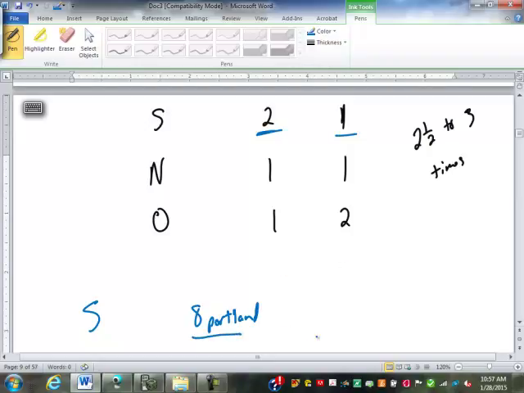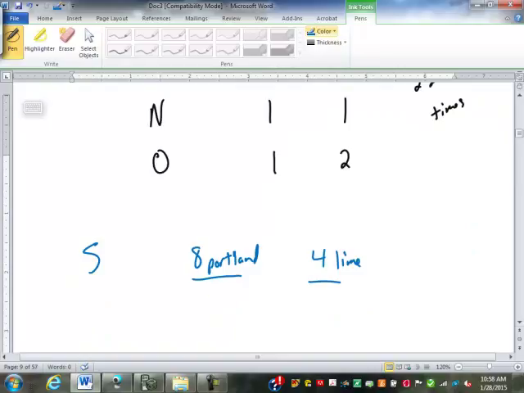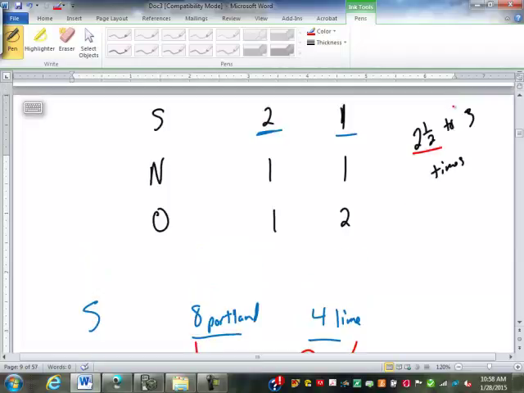The Portland is 2, the lime is 1, so 8 to 4. Half as much, right? So that means for the sand now, you have 12 total parts here. So the amount of sand is 2 1/4, or is it 2 1/4? Should be 2 1/4, not 2 1/2. 2 1/4 to 3 times.